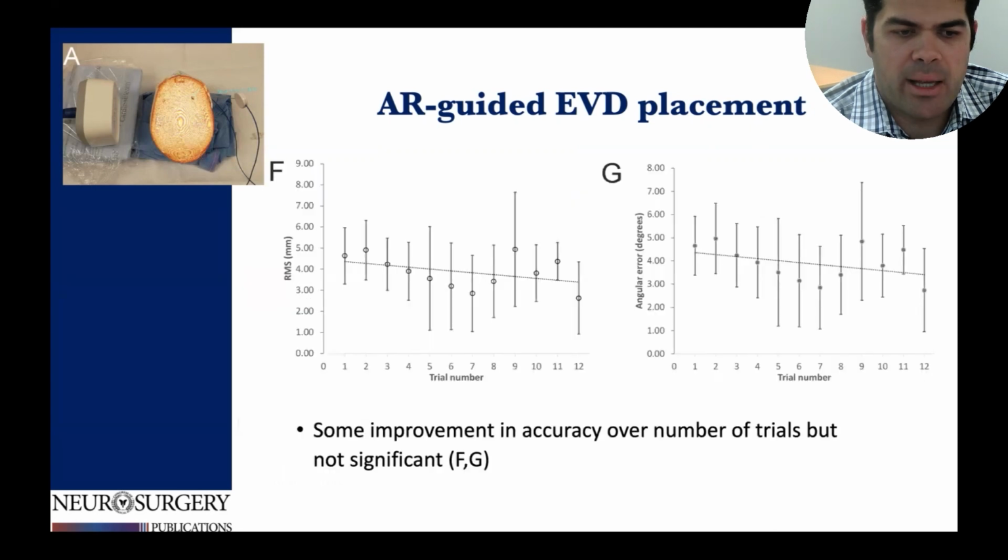We also looked at whether subsequent trials of augmented reality help with accuracy, and instead found that right from the first time a participant used AR, they were achieving very good accuracy. And there was a trend towards some improvements, but really this was not significant. So we found that accuracy remained pretty stable all the way through multiple trials for each participant.